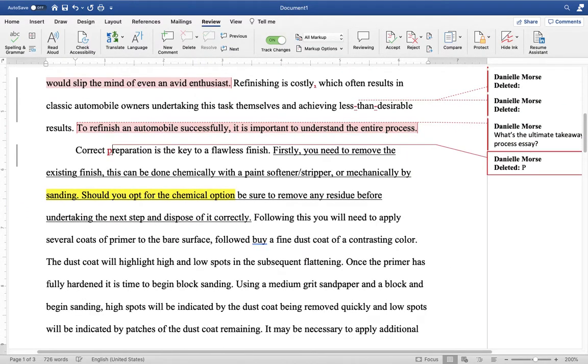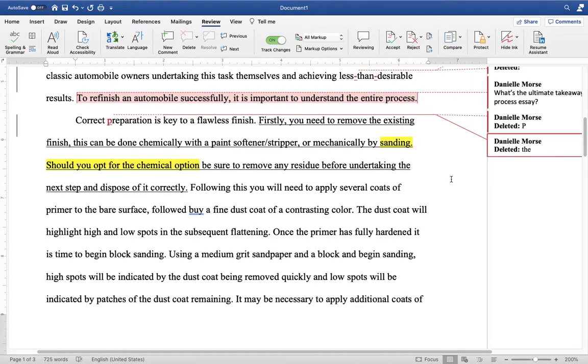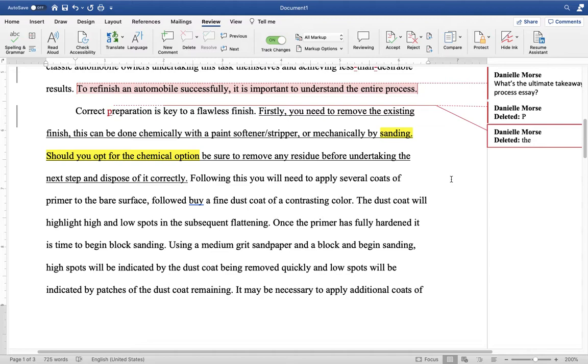Correct preparation, I don't think that P needs capitalized, is the key. I don't think an article is needed there. Is key to a flawless finish. Firstly, this is second person, you need to remove the existing finish. I've already done this, but grammatically, this can be done chemically with a paint softener stripper, or mechanically, no commas necessary there, mechanically by sanding. Should you opt for the chemical option, be sure to remove any residue before undertaking the next step.